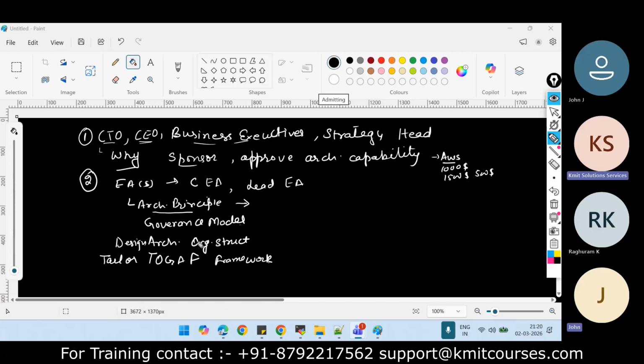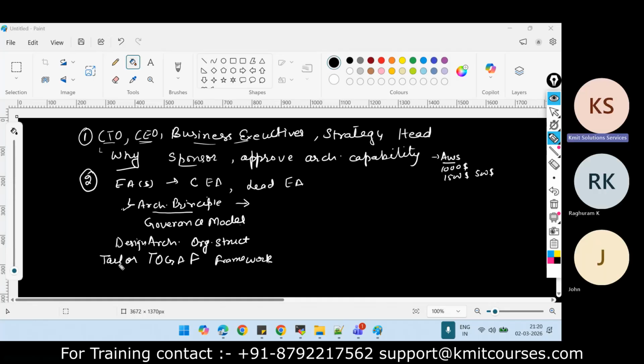Right. So the enterprise architect basically defines the architecture principles, proposes the governance model, designs the architecture as per organization structure, and tailors your TOGAF framework. So these are the key drivers. So we call them key drivers in this phase, right?